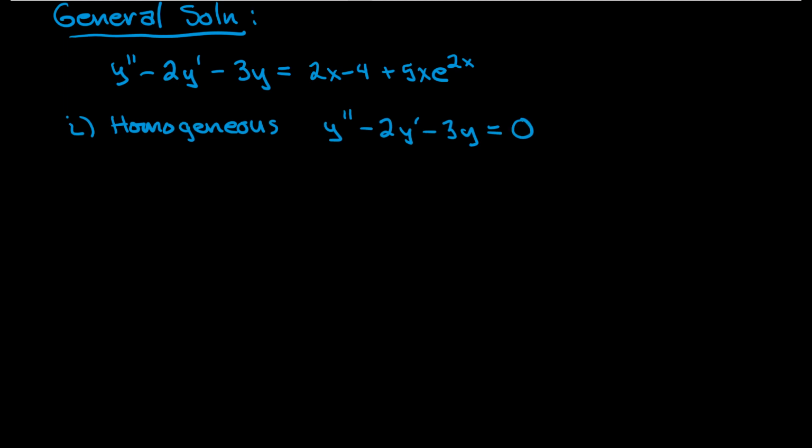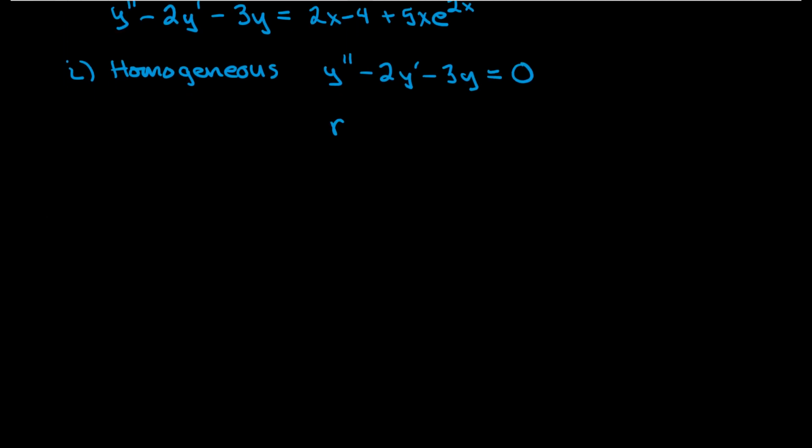This takes us back to our characteristic equations. This is a pretty straightforward one to solve. We're going to have r squared minus 2r minus 3 equals 0. This factors very nicely into r minus 3 times r plus 1 equals 0. Our roots are -1 and 3.